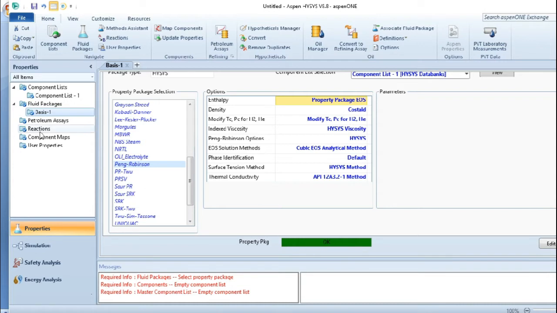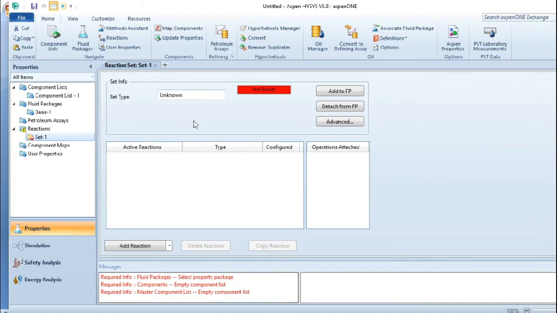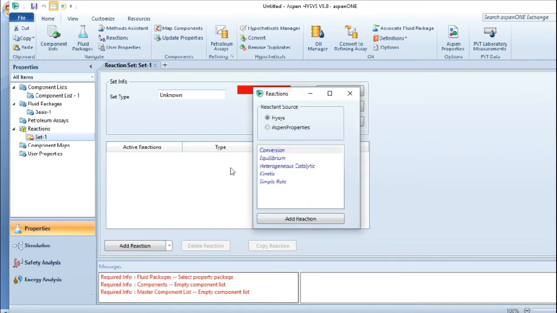So let's go to reaction. Since it is a combustion reaction, we add our reaction. Then you choose the type of reaction you are going to conduct. So in this episode we are going to consider a combustion reaction, then we add.